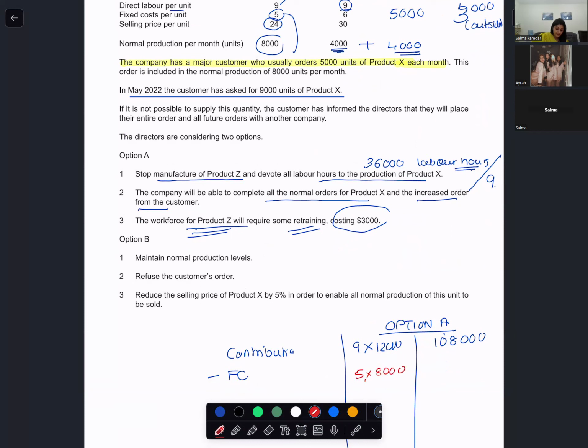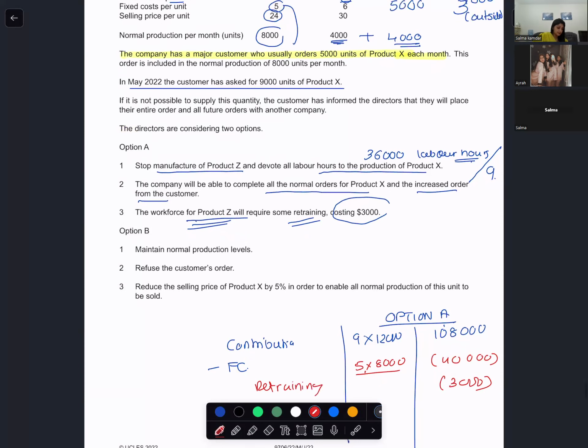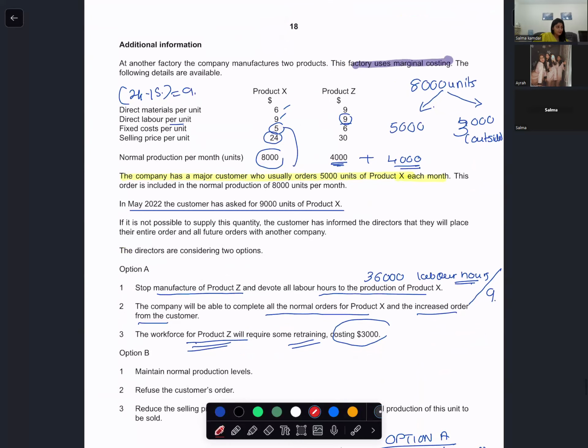You still have to incur the fixed cost of 3,000, and the retraining cost also of 3,000. And you have to also incur the fixed cost of product Z. You produce or you don't produce, the fixed cost remains the same.